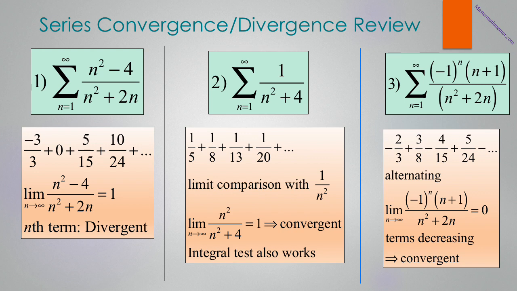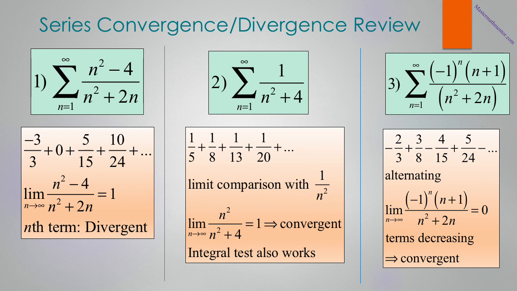Number 3 reads summation n equals 1 to infinity of negative 1 to the n times n plus 1 all over n squared plus 2n. When we expand it, we get negative 2/3 plus 3/8 minus 4/15 plus 5 over 24 minus dot dot dot. This is an alternating series.